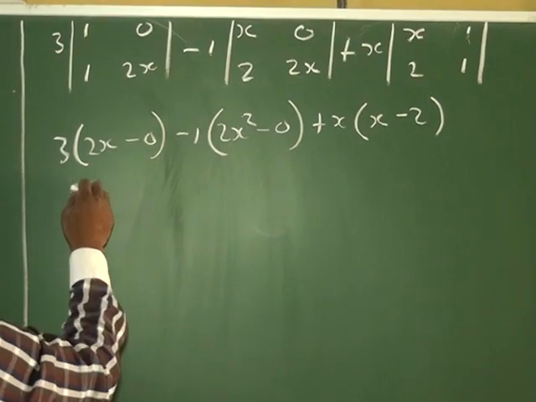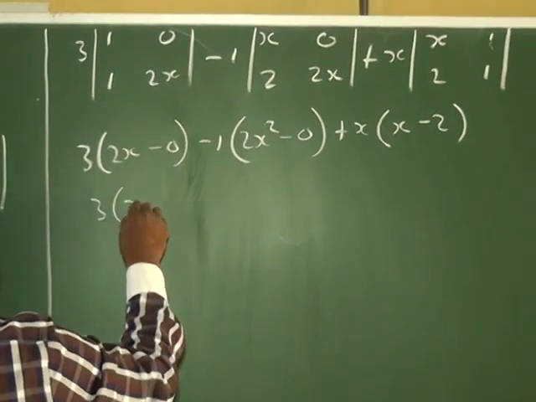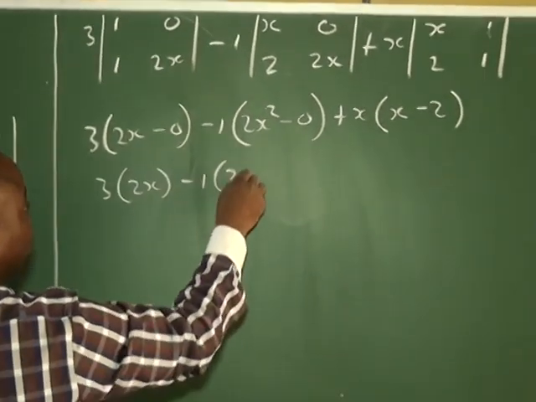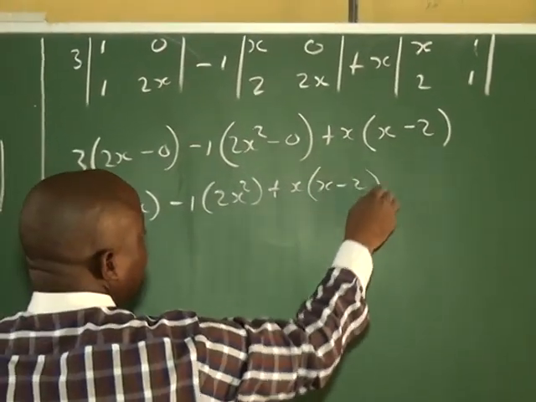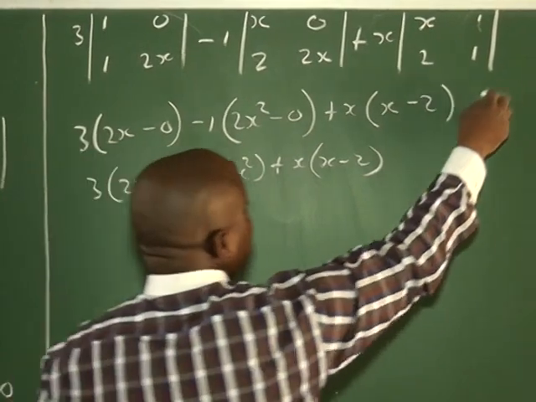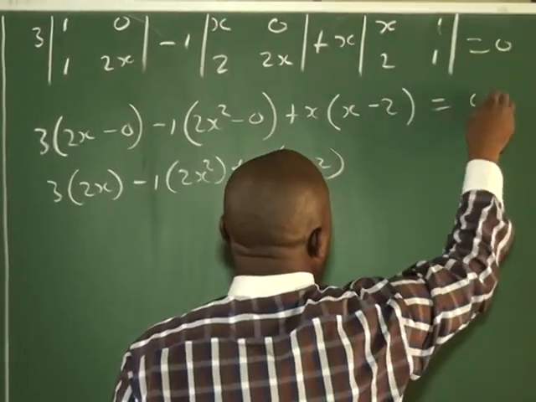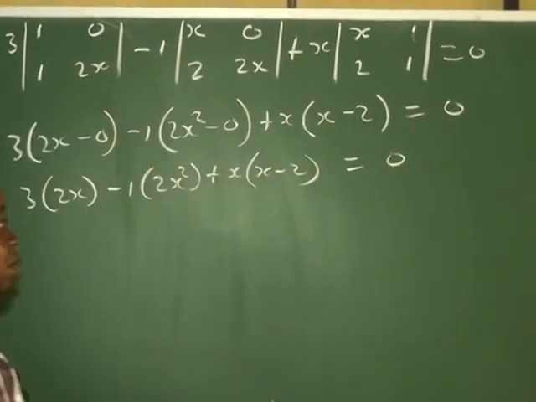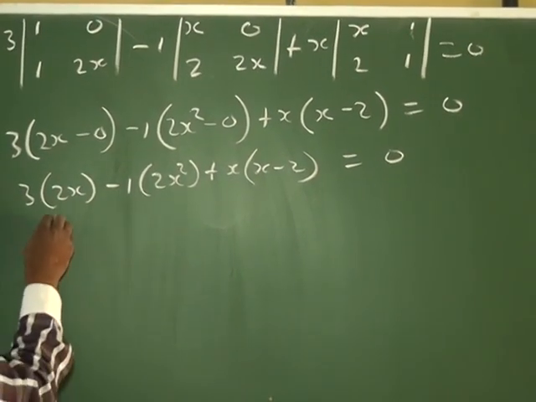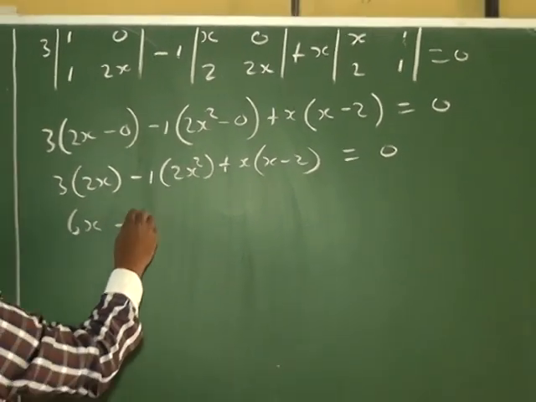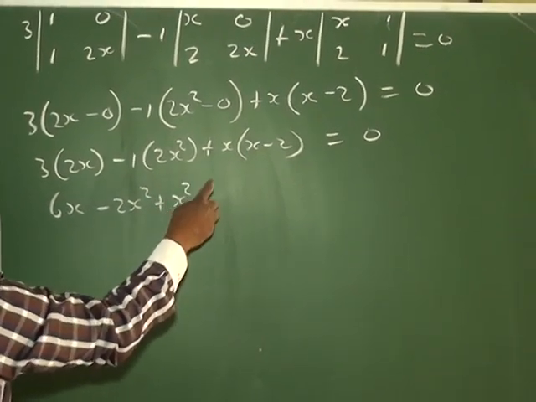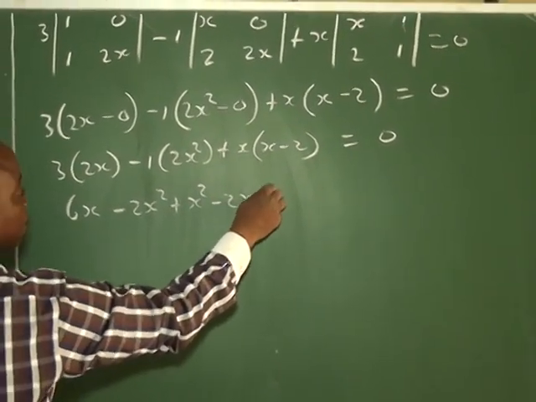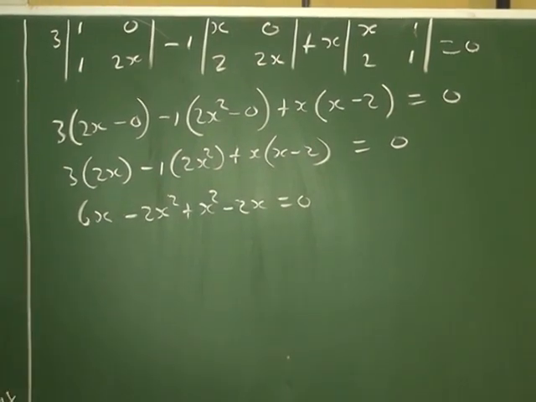And so this will give us 3 times 2x, minus 1 times 2x squared, plus x, then x minus 2. Everything equals 0 because the matrix is singular. That is what we are told. So we have 6x minus 2x squared plus x squared minus 2x equals 0.